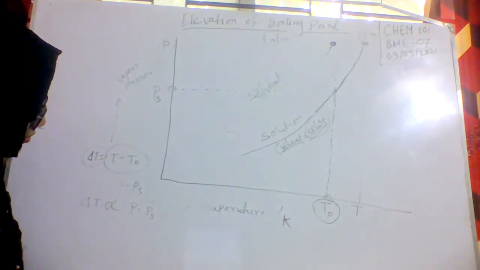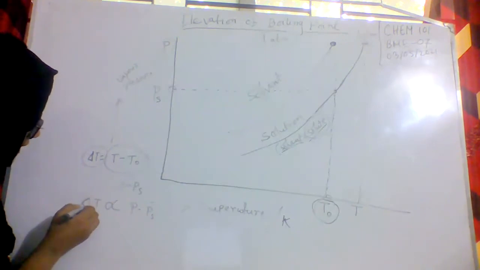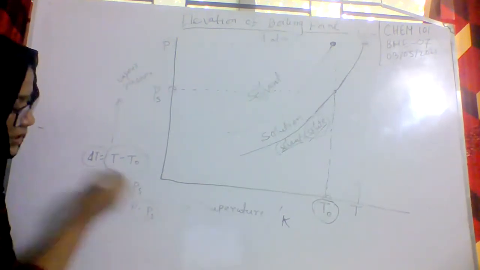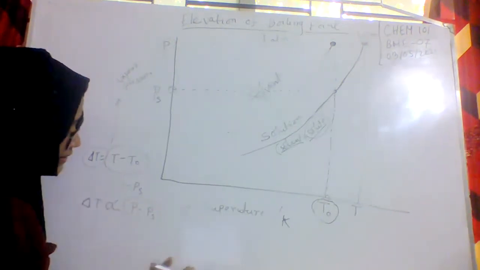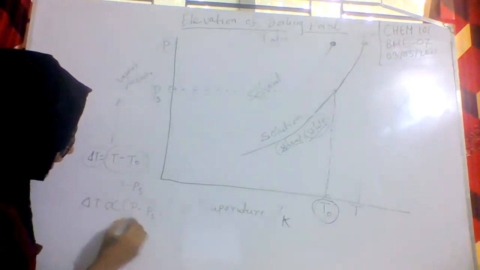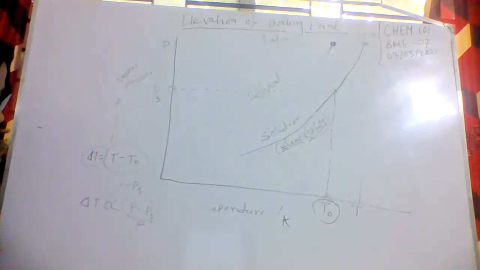The temperature change is proportional to the change of pressure. And if I write P minus Ps by P here, is it okay or not? It is also okay.